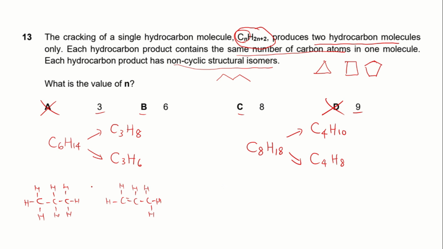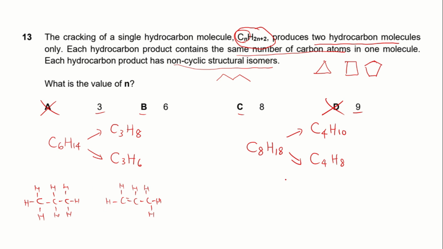If you look at the structure of these two alkane and alkene, they will not have structural isomers because they do not have enough carbon atoms to have branches. So these three carbon alkane and alkene will not have structural isomers.